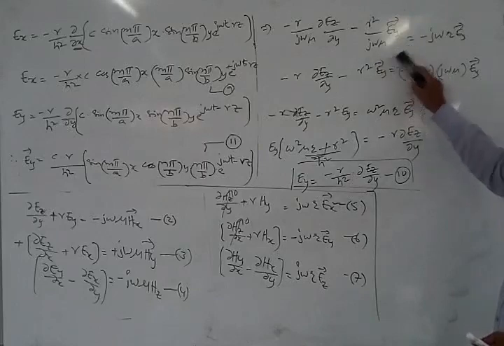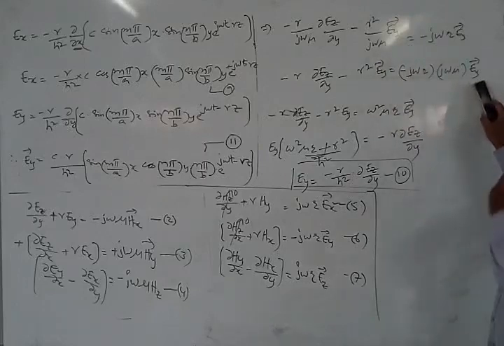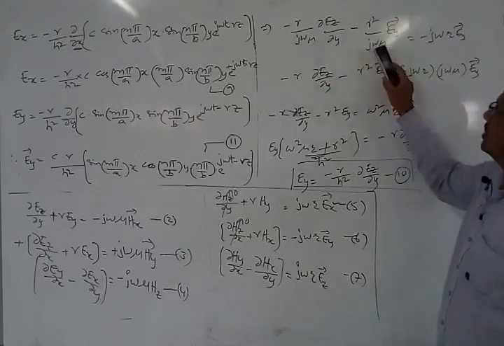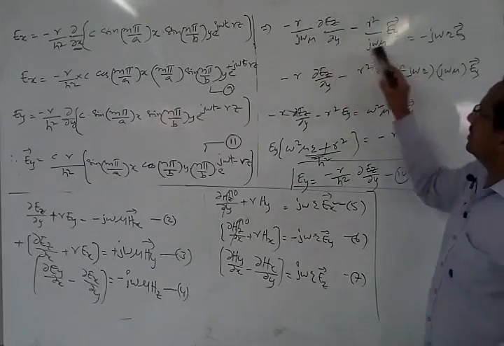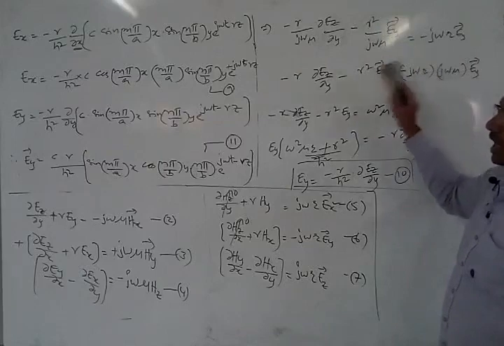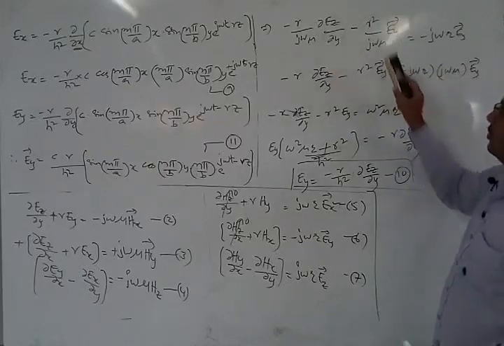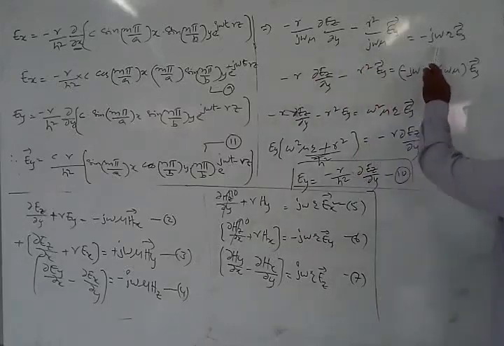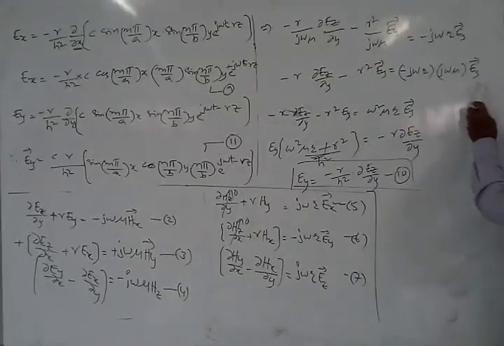Okay. Now this equation we have solved, and here in the denominator I have j omega mu. To solve for this I have multiplied on either side, on both sides with j omega mu. So these two got cancelled, and here due to the multiplication factor I will get j omega mu over here.